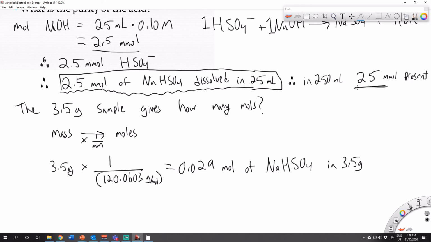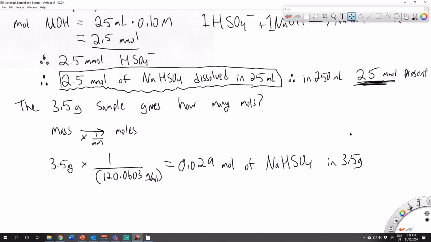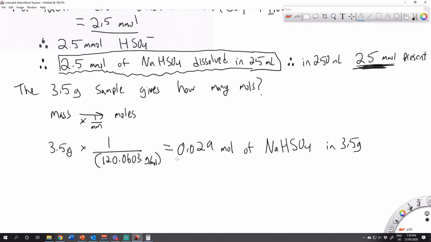In our 250 milliliter sample, we would expect 25 millimoles. Now, based on the 3.5 grams, we should have expected this many moles, and if I multiply this by 1,000 to get millimoles, this will be 29 millimoles. So this is what we should have expected, but this is actually what we got.